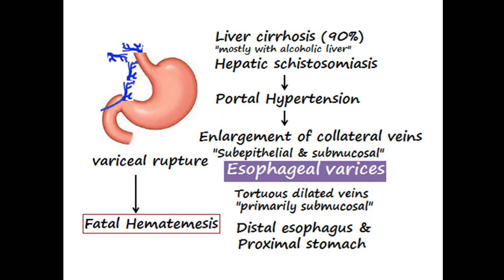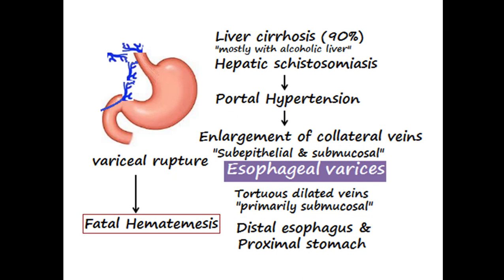Now, once the flow into the portal vein becomes difficult, what will happen is that the portal and caval anastomotic channels, the portal caval anastomosis, which is situated at the distal end of the esophagus, these collateral veins will reopen, and the blood will flow from the portal vein into the systemic caval circulation.